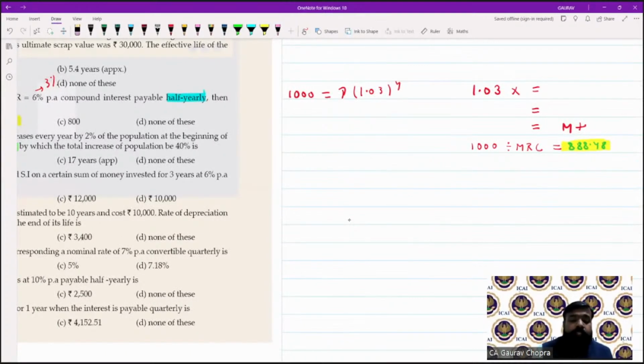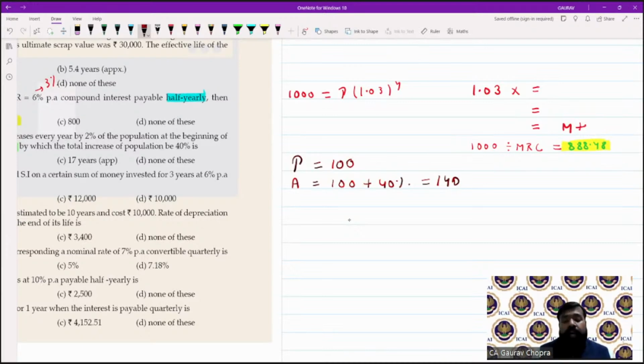So see what is given in the question: if the population is 100 and the total increase is 40%, therefore the amount we can write as 100 plus 40%, that is 140. If the principal is 100, amount is 140. Population is 100 in the beginning. After some years, it is 140.